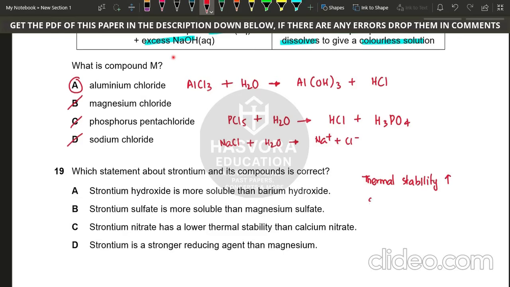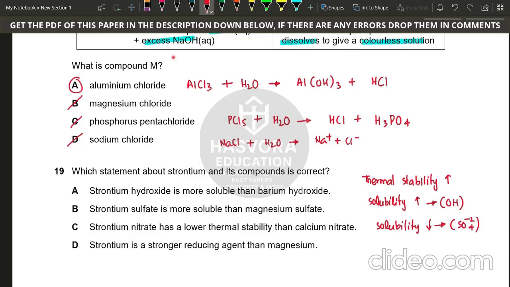The solubility of the hydroxides also increases down the group, and the solubility of the sulfates decreases.